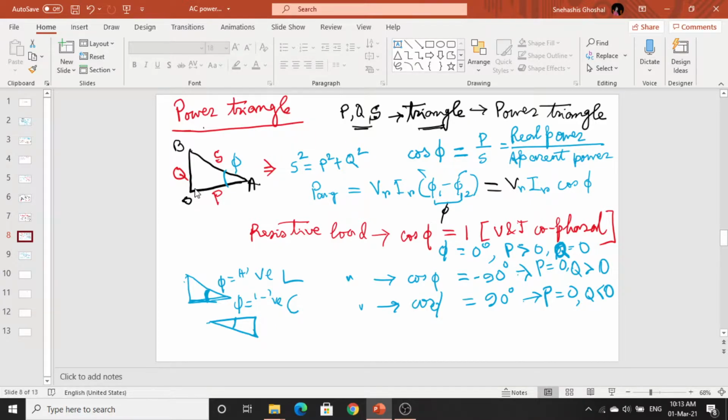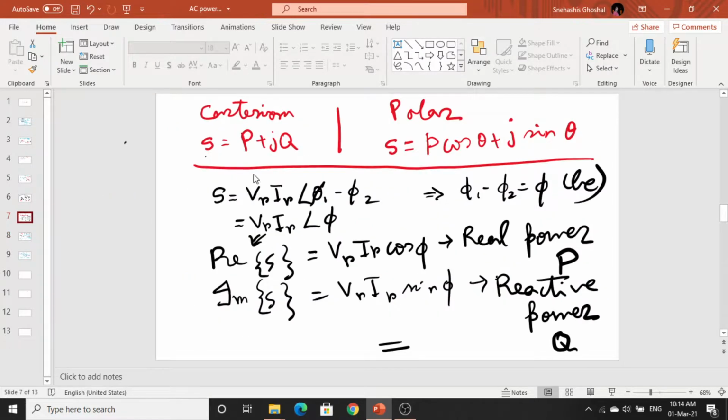We can draw a triangle. Here the hypotenuse of the triangle represents apparent power S, active power represents the base P, and reactive power represents the height Q. And obviously, according to the Pythagorean principle, S square equals P square plus Q square, which can also be verified from the complex analysis, S equal to P plus jQ.